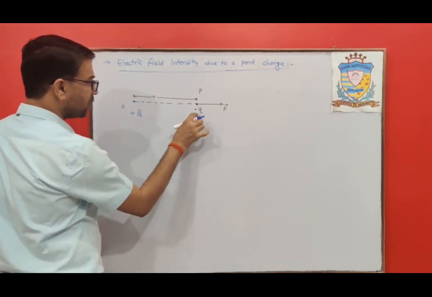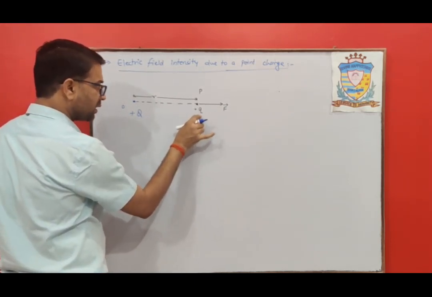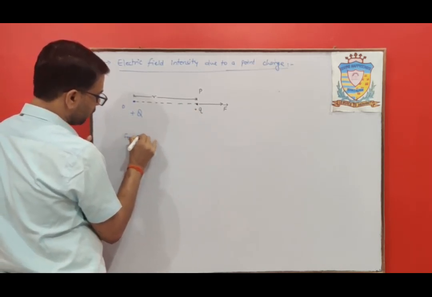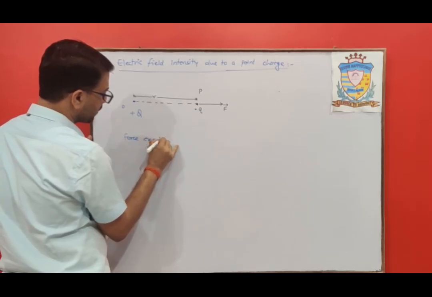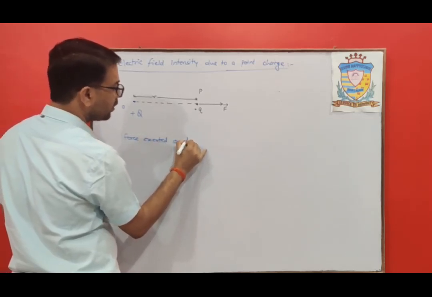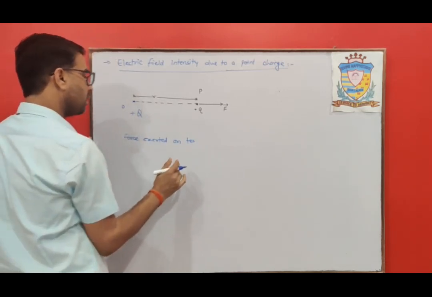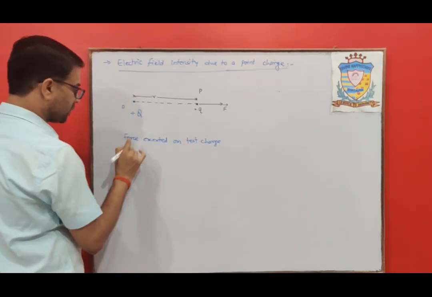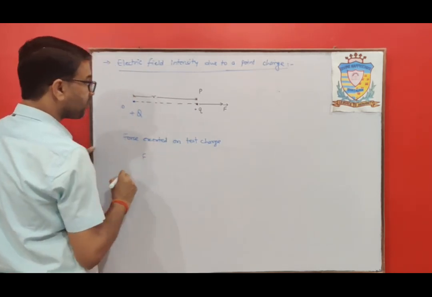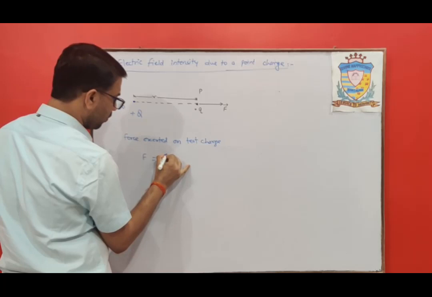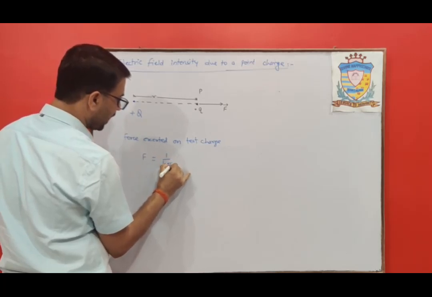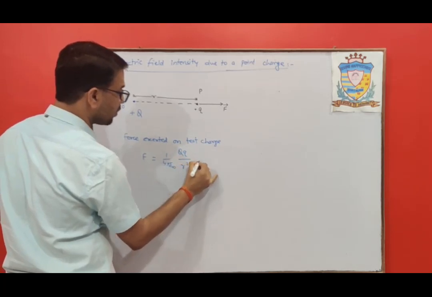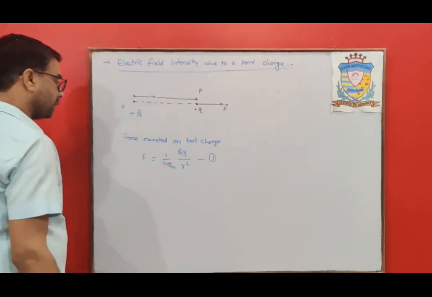The force experienced by the test charge at this point, the force exerted on the test charge due to the source charge, is F equals 1 upon 4 pi epsilon naught, Q q upon R square. This is our equation number 1.